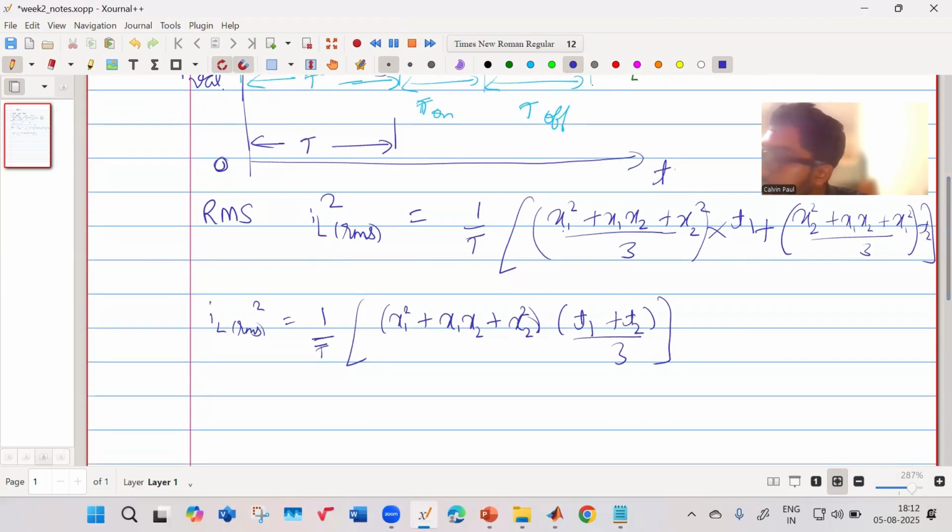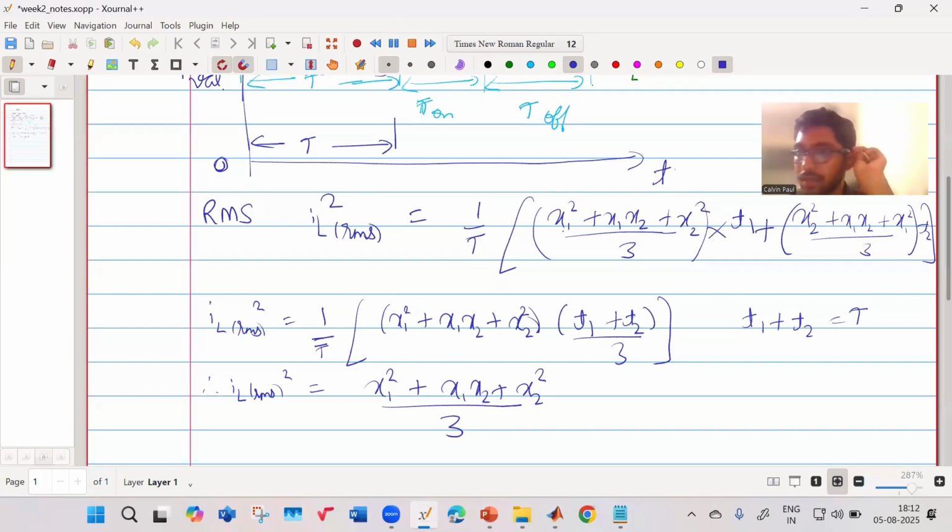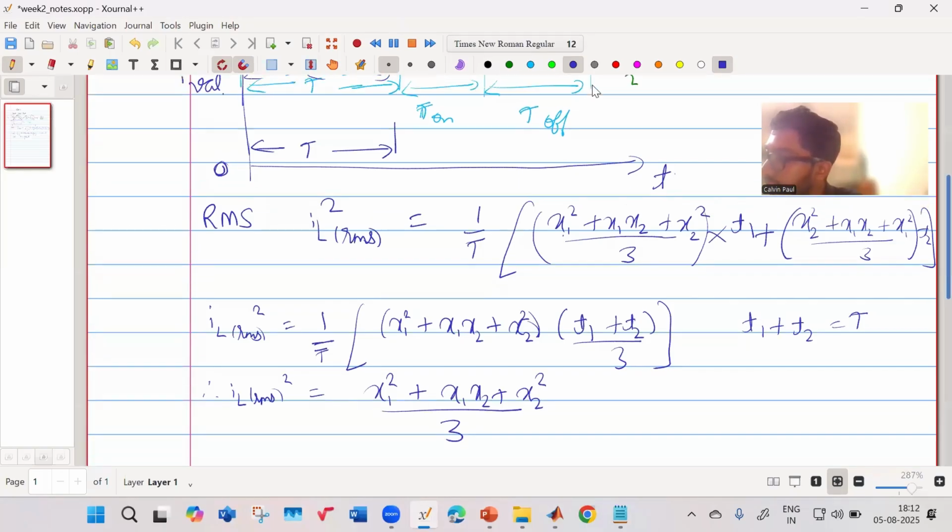Now T1 plus T2 is equal to T. Therefore, your IL RMS square actually is what? (X1 square plus X1 X2 plus X2 square) upon 3. Then you can substitute. What is your X1? It is I valley.